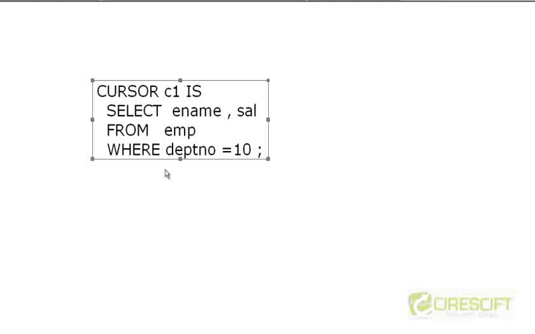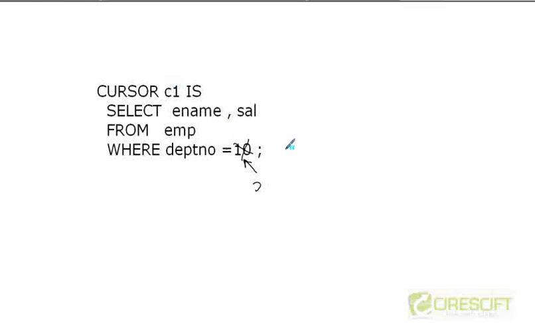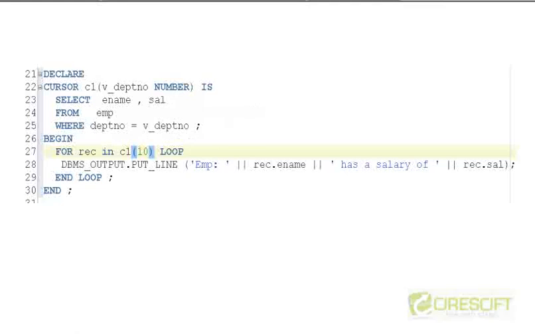What I'm saying is, instead of hard coding this 10, can I put this 10 as some parameter, let's say x, and then give a value to that x at runtime? That means, is there any way I can give a parameter to this cursor during the declaration time, and during the runtime give the actual value? That is basically the rationale behind creating a parameterized cursor, or cursors with parameters.